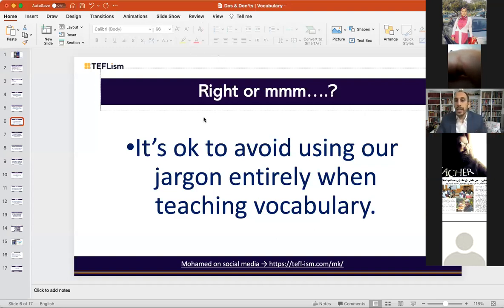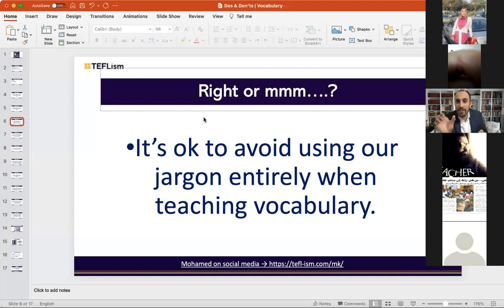So jargon like phrasal verb, collocations, adjectives, adverbs, idiom. This is what we call metalanguage, the language that teachers use in the teacher's room. So phrasal verbs, this is jargon.